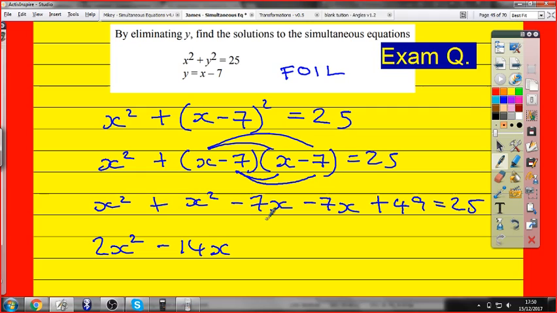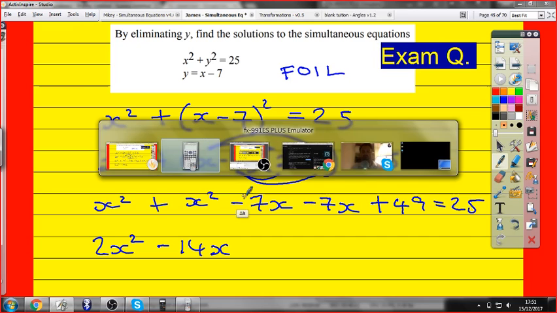And so what kind of equation do we have here if you've got x squared? I'm not sure what it's called. Quadratic. Any idea how you solve a quadratic? No. You must first make it equal to 0.